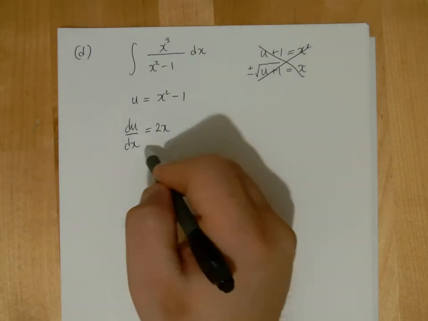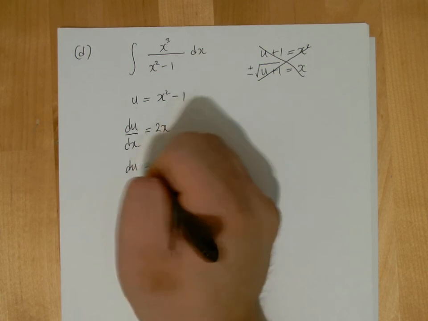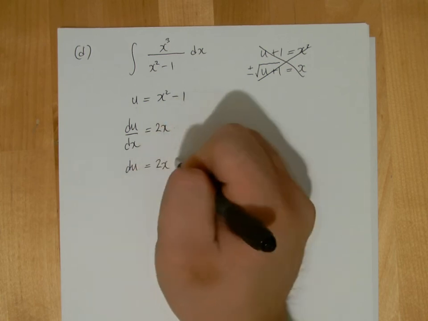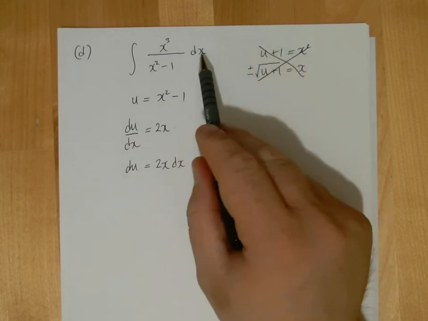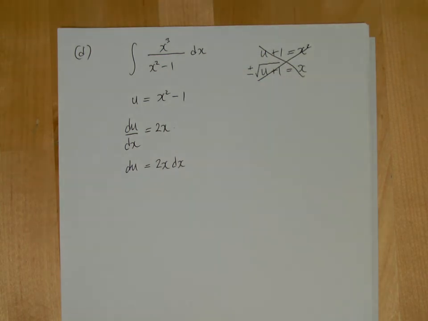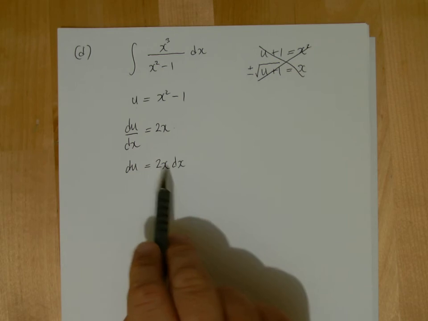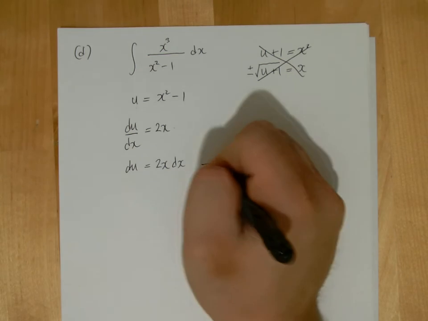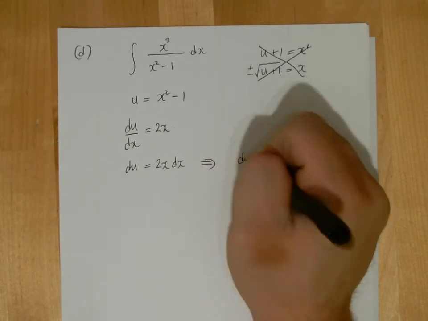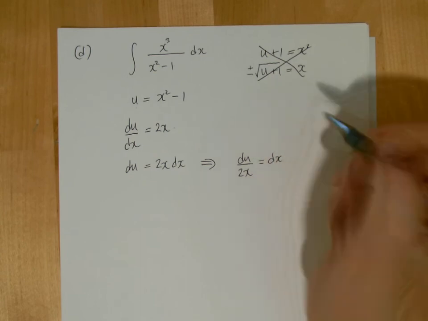That means what you could do is take that dx up that side, so you'd have du is equal to 2x dx. But remember, I want dx. I want to work out what dx is because I want to replace it. So in this case, to work out what dx is, I need to get rid of that 2x, take it over the other side and divide. So that means du by 2x is equal to dx.